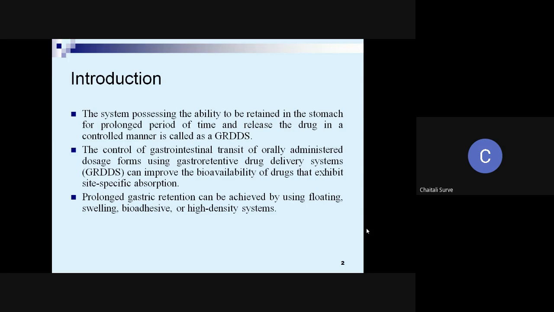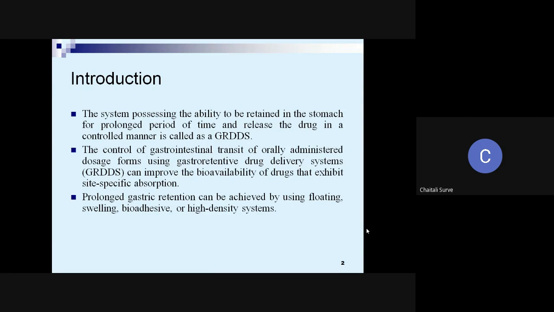So that was one of the ideas behind formulating GRDDS: drugs which have poor absorption, we can help them get absorbed better. The second rationale behind making GRDDS is that there are some drugs whose potential site of action itself is the stomach.